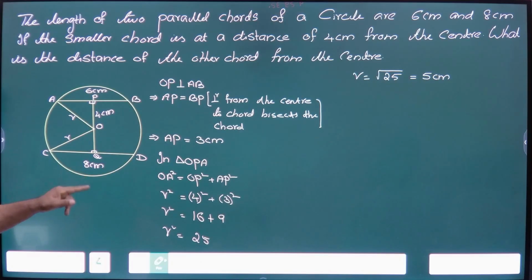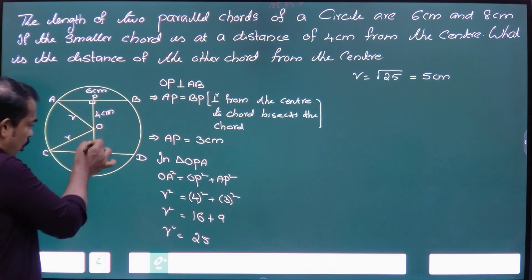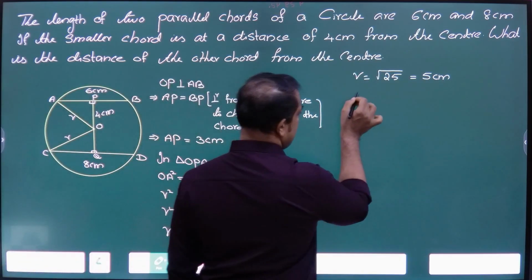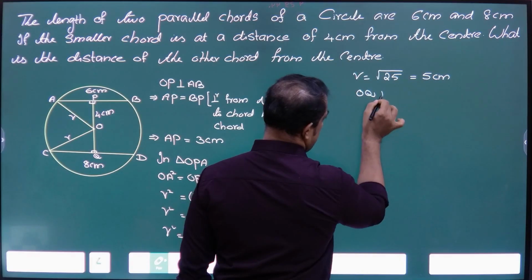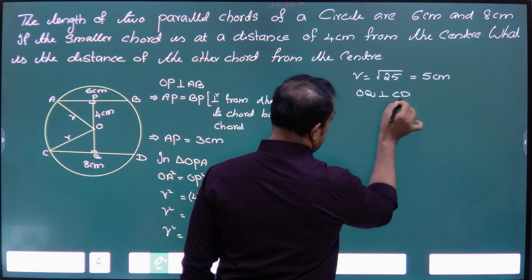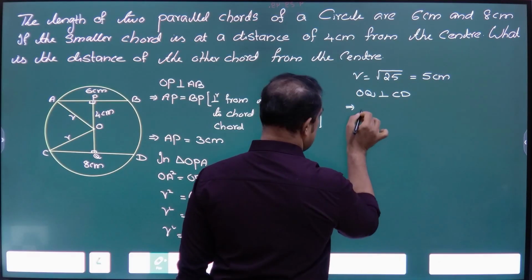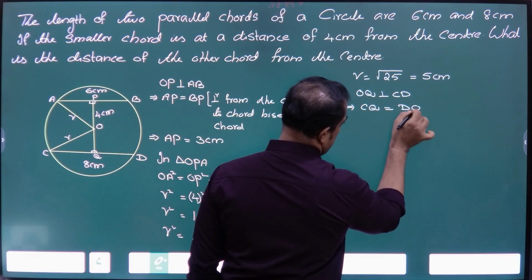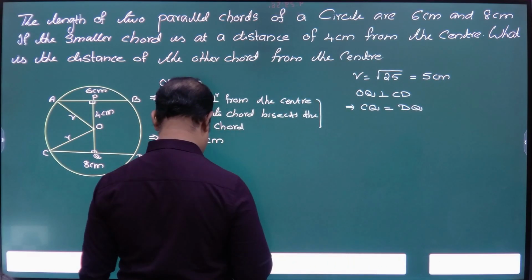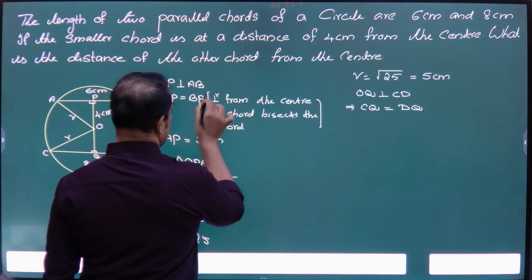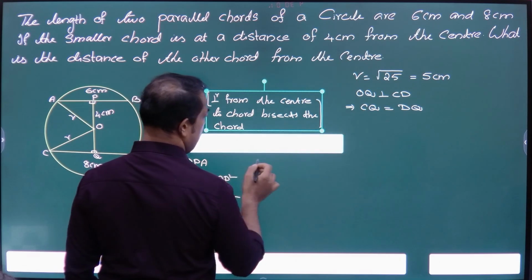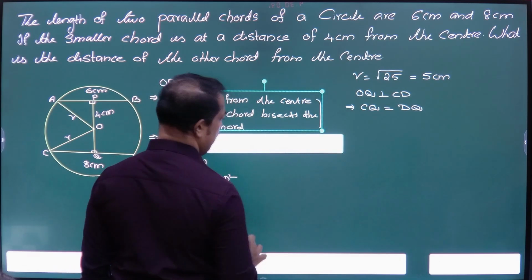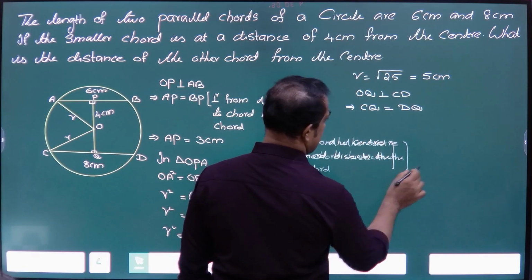Again, we can apply the same Pythagoras theorem, but before this, you have to find the value of CQ. How? OQ perpendicular to CD implies CQ equal to DQ. Reason? Same: perpendicular from center to the chord bisects the chord.